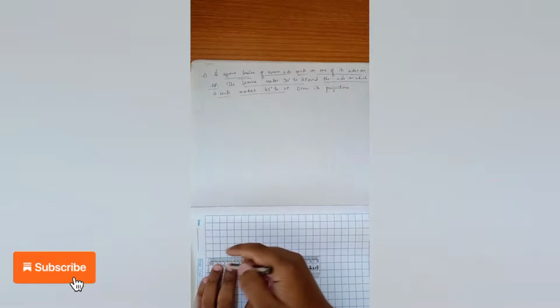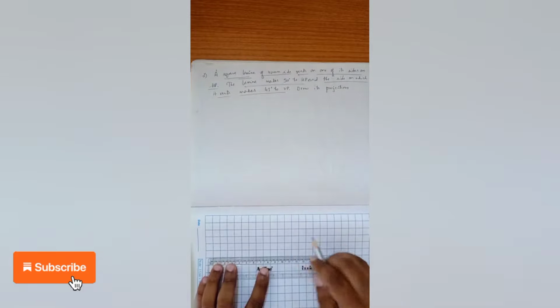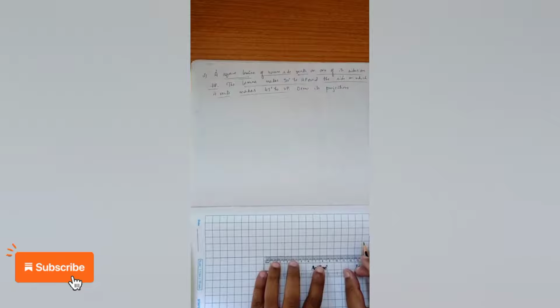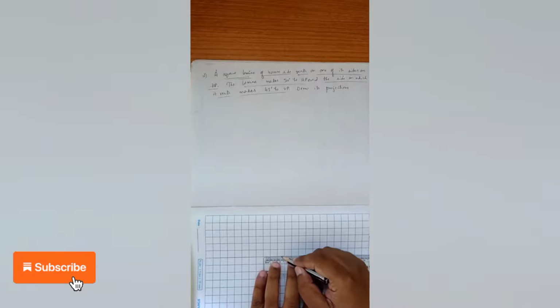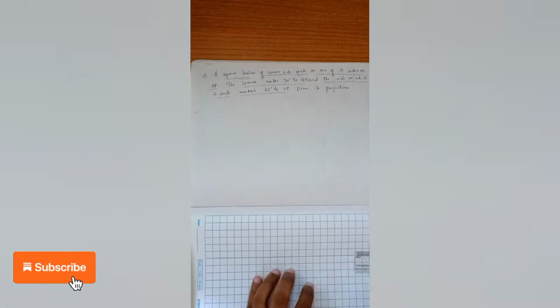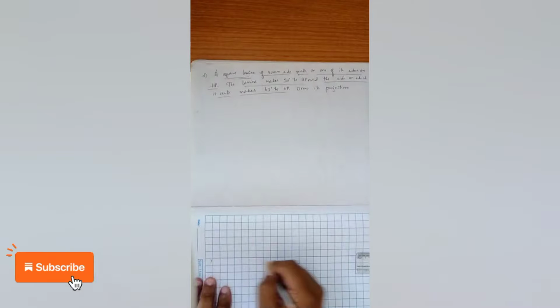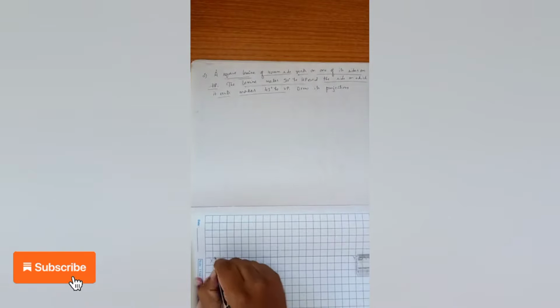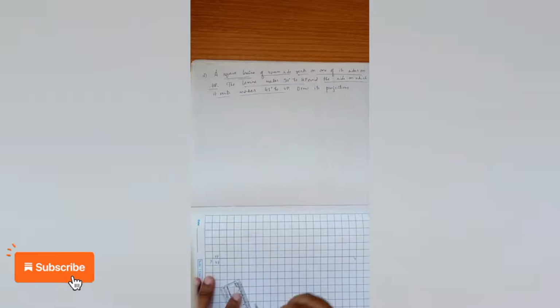We know that from here onwards we have to use only the first quadrant. XY, VP, HP. Now we have to construct a square of dimension 40 mm. So 40 mm means it is 4 boxes.